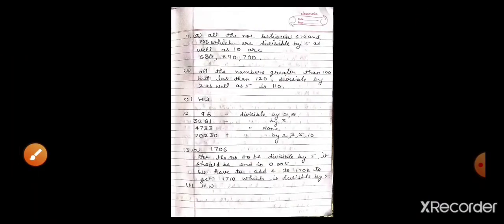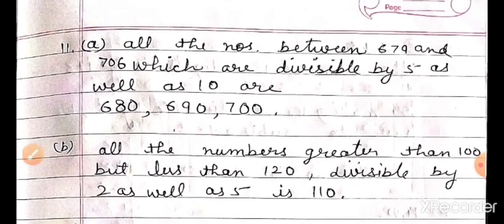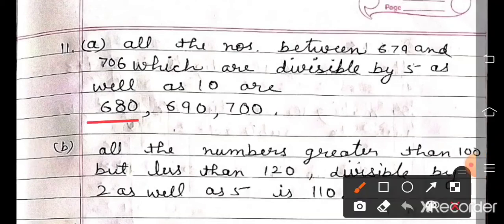Now the question number 11. A part, write all the numbers between 679 and 706 which are divisible by 5 as well as 10. Okay, so for divisible by 5 and 10 both, the number should end with 0. Okay, so the numbers are 680, 690 and 700.